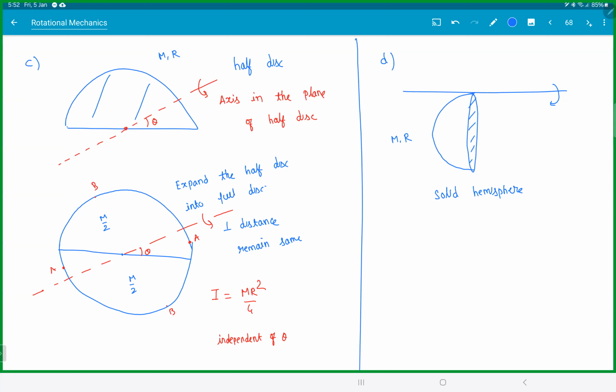What about the d part? Same logic. What we do here, again, expand this into a full sphere.